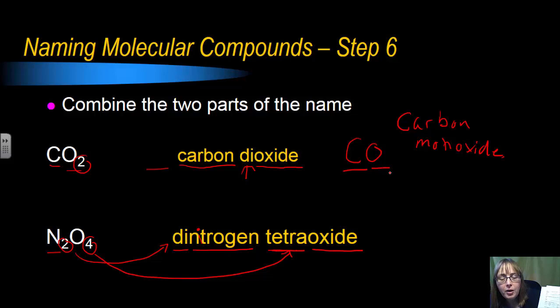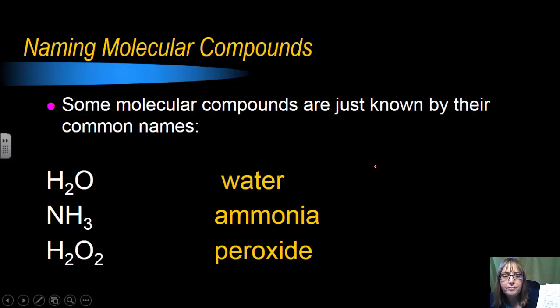But for the second part, there's only one atom of the oxygen, so I'll definitely use the prefix mono. This is the only case where you actually will be using the mono prefix. It's only on the second element, or the second atom.